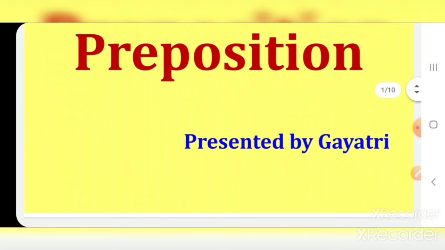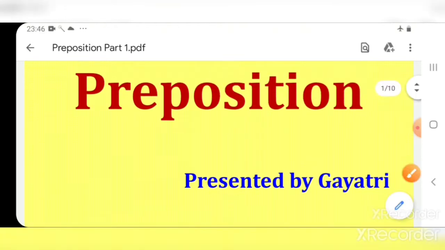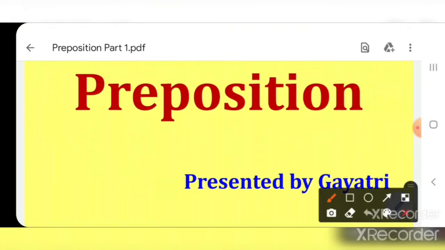Now the word itself suggests position. It tells the position of a noun. So it's basically a word that tells position, time or direction of a noun. Noun, that is a name of a person, place, animal, or thing.